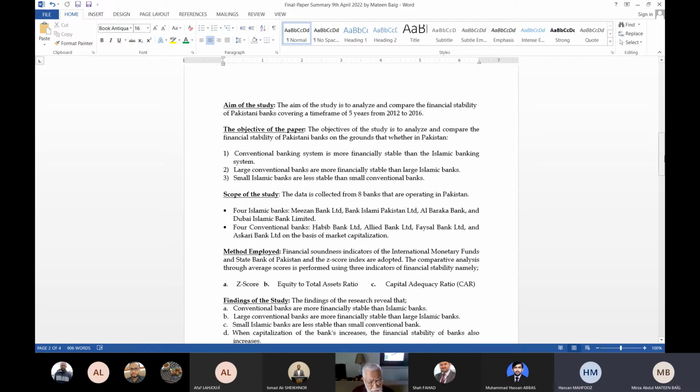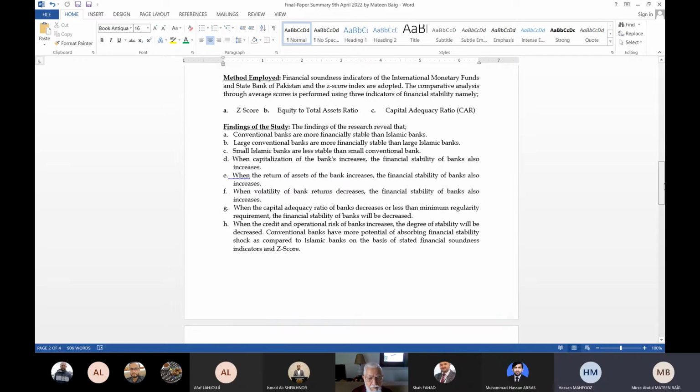Number 1: whether the conventional banking system is more financially stable than the Islamic banking system. Then whether large conventional banks are more financially stable than large Islamic banks. Then whether small Islamic banks are less stable than small conventional banks. So the research paper is based on these 3 questions.